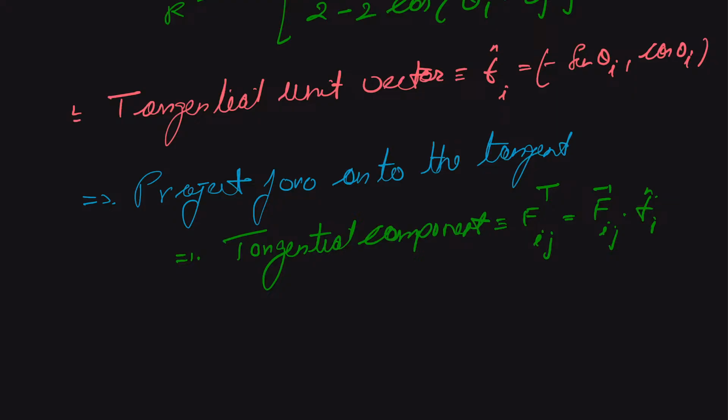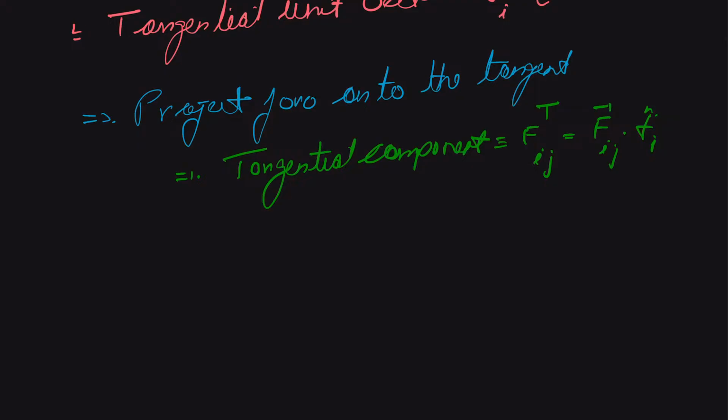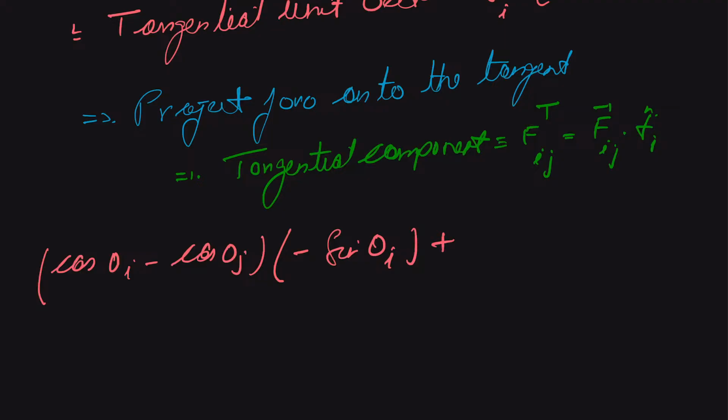Now we can easily find out this dot product. We are only going to solve the right side, so we can say this will be cos of theta i minus cos of theta j times minus sine of theta i, plus sine of theta i minus sine of theta j multiplied by cos of theta i.